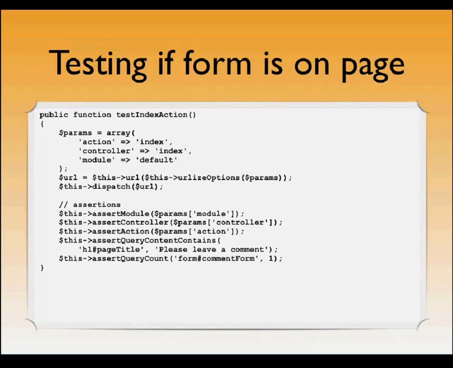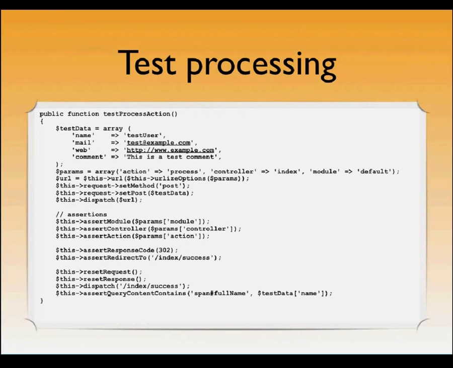So verifying that a form is on a page doesn't really give you a lot of benefit, because this is more something you leave to Selenium or something like that. There's more value in verifying that if you send data to it, it's processed correctly and that you get redirected to a success page, or that you get redirected to a failure page or back to the form with error messages on it.